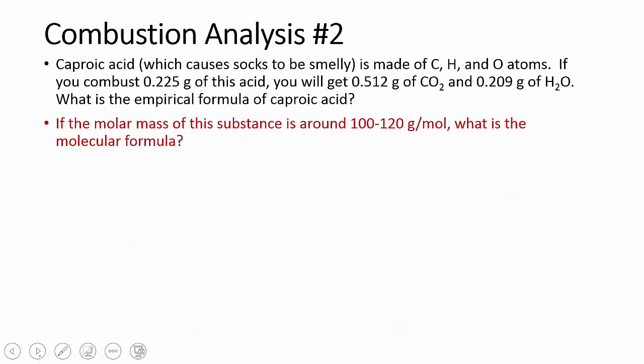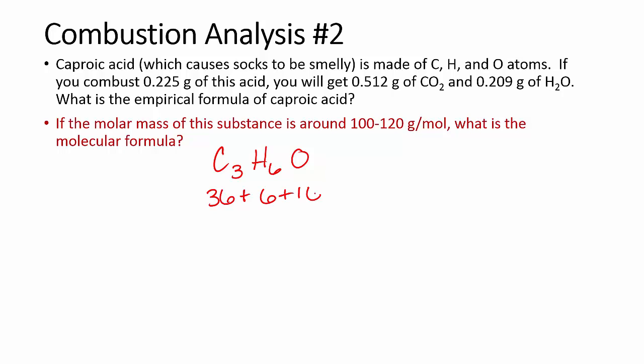I could also go one more step and find a molecular formula. So remember, my empirical formula from before was C3H6O. And you want to ask yourself, well, what would the molar mass of this substance be? So what I do is I add up the mass of 3 carbons, 6 hydrogens, and 1 oxygen. And that would give me a molar mass of 58 grams per mole.